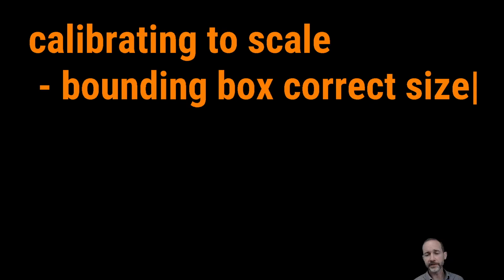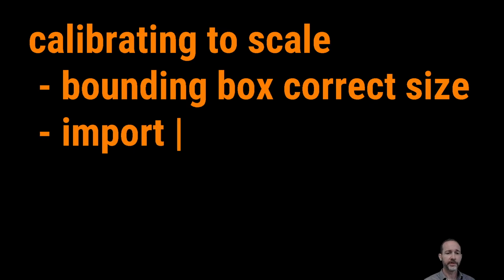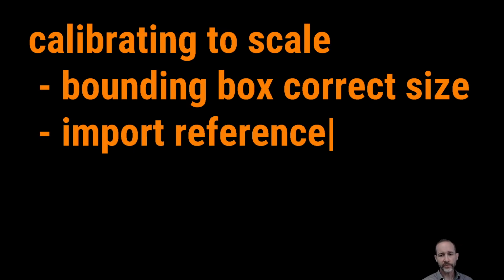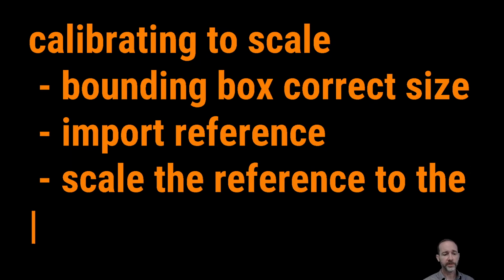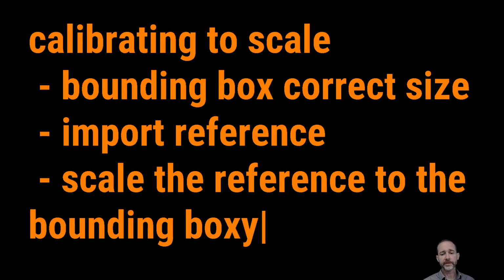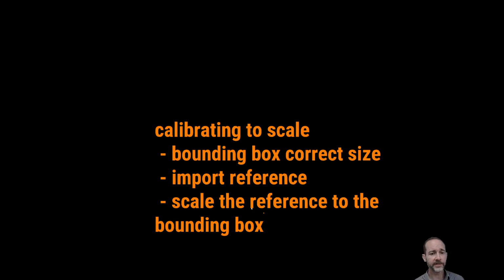The bounding box being a cube, a box for whatever it is that you're making, like the box that thing would fit into. And then we import the reference, and then we scale the reference to the bounding box. That way we know that our reference is at the correct size, and we can use that when we're modeling in order to get everything together.